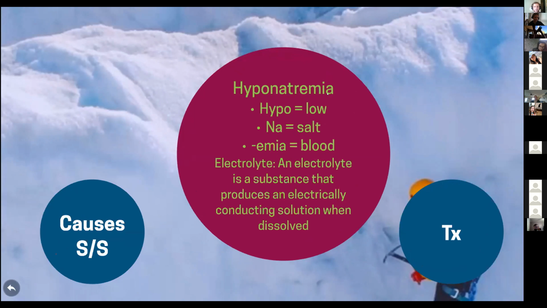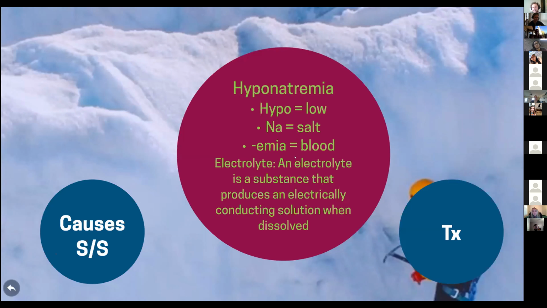So breaking down hyponatremia, hypo means low, Na is the element sodium, and then emia is blood or blood condition. So I like to think of hyponatremia as low salt blood, and electrolytes include sodium, potassium, magnesium, calcium.